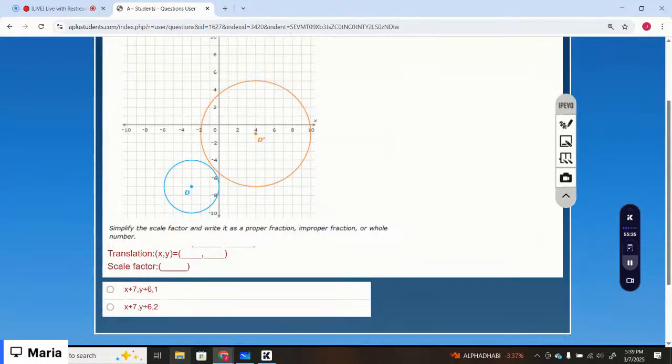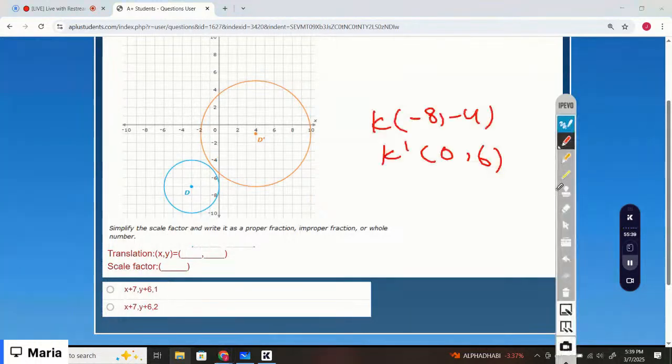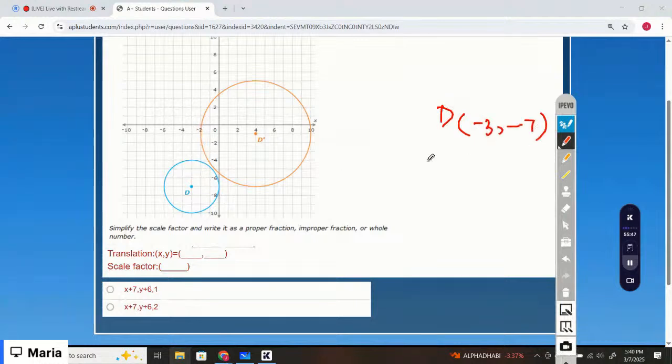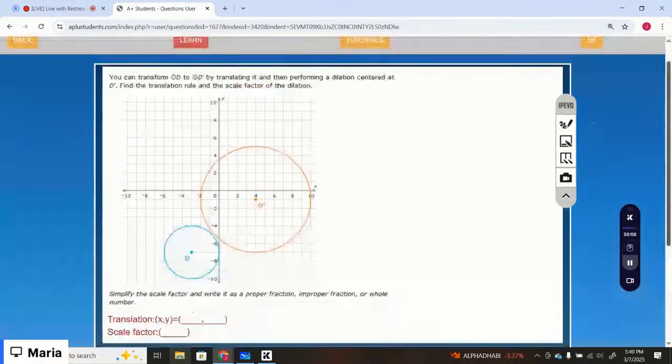The center of the circle D is -3 and -7, and D dash is 4 and -1. So the correct option is option number 2, that is x plus 7 and y plus 6.